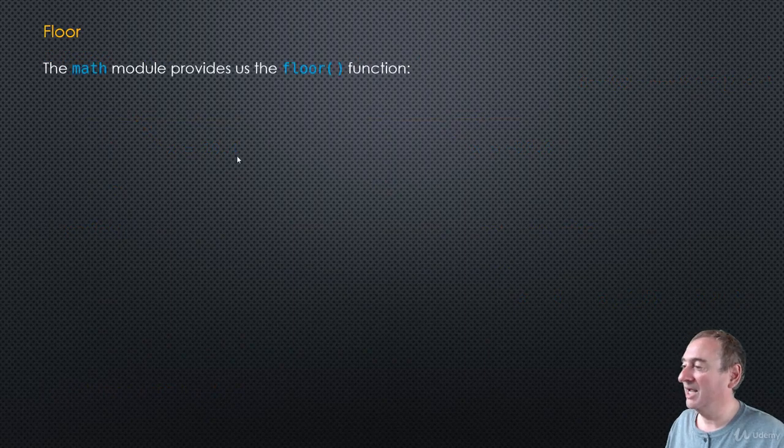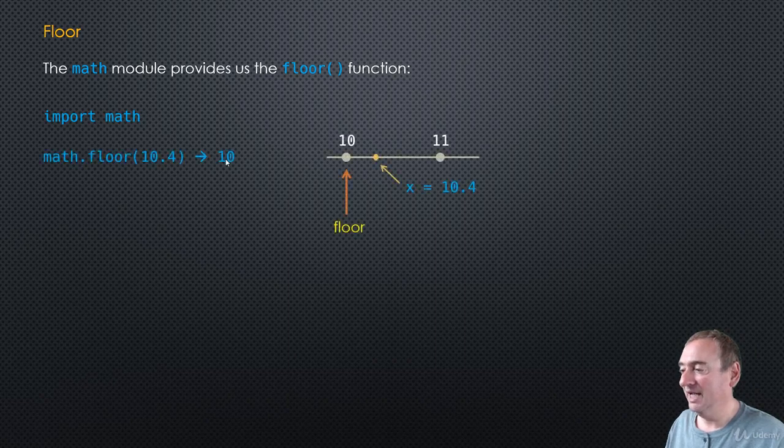So let's look at the floor again. The math module provides the floor function, so we can get it from the math library. And if we get, say, math.floor of 10.4, we get 10. If we look at 10.5, obviously any number within this interval here, but not including 11, will floor to 10.